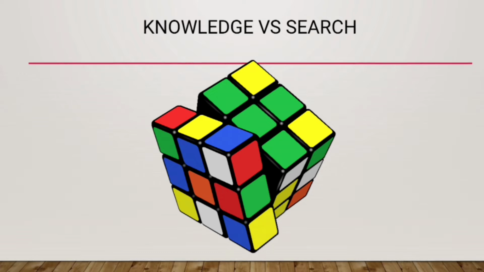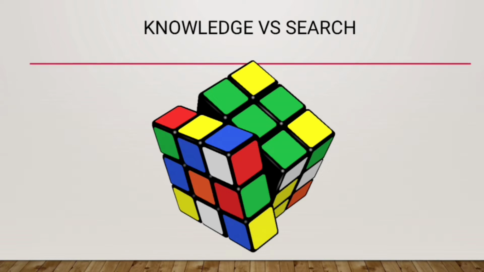What is knowledge? If you are given a Rubik's cube in your hand, and you are able to solve it in, say, 10 minutes or 5 minutes using some approach or methodology that you learned, that is what we can call knowledge. You have gained some knowledge to solve the Rubik's cube. You will be able to solve it in a fixed amount of time, because you know the methodology.